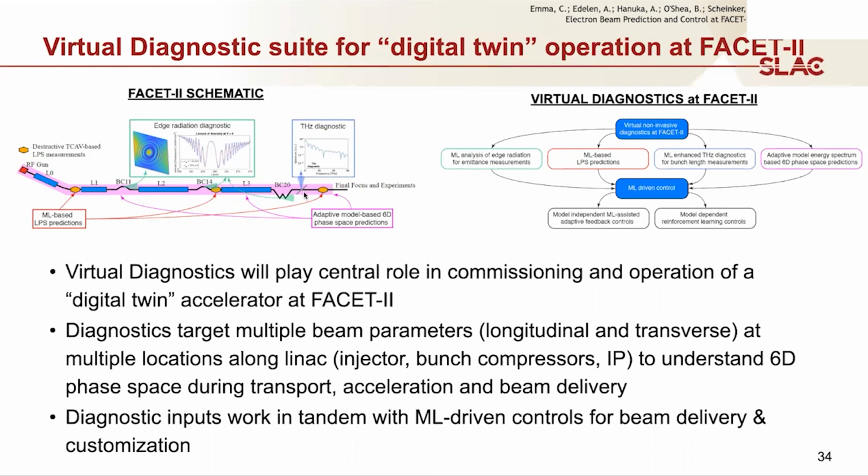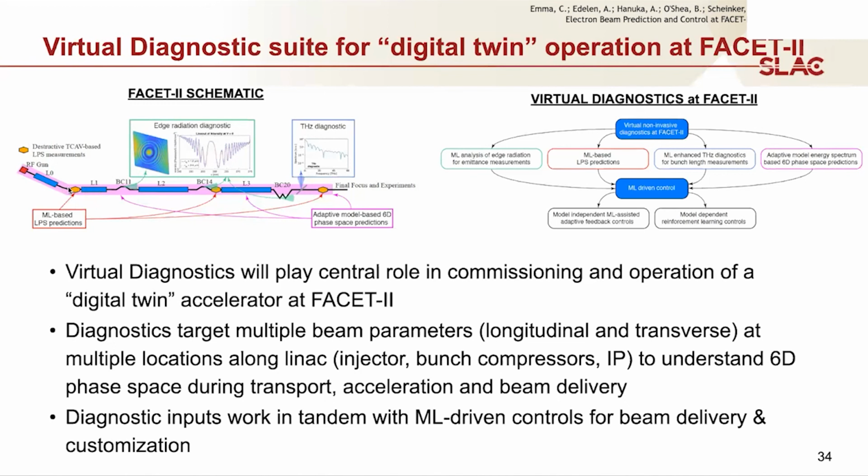So conceivably, with 3 ML-based LPS virtual diagnostics, we could really have a mapping of how the transport works. And this should be very beneficial for understanding the beam dynamics and for setting up and tuning the accelerator on the fly. As I mentioned earlier, we also have 4 locations. There's also a dog leg here, which will outcouple edge radiation, where edge radiation-based diagnostics will be used to predict the beam emittance.